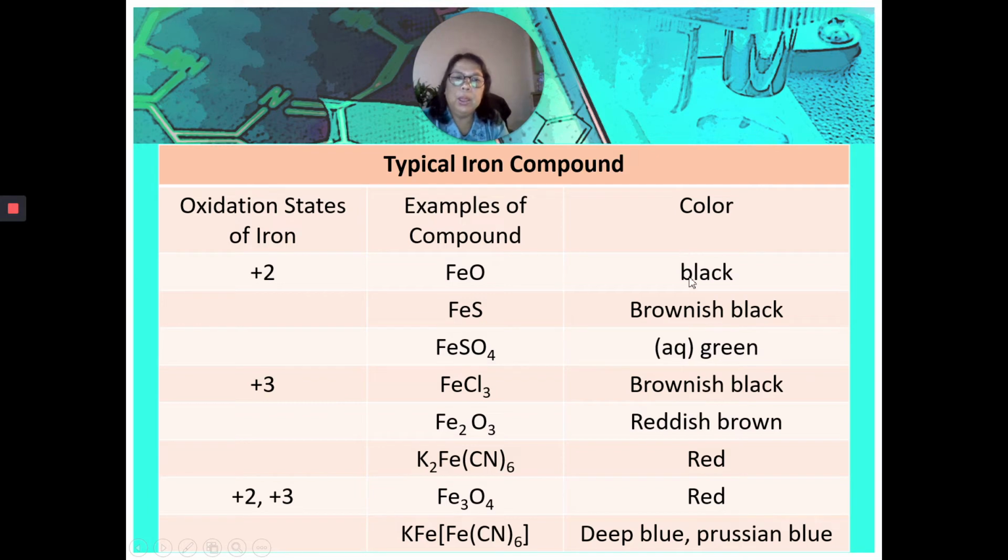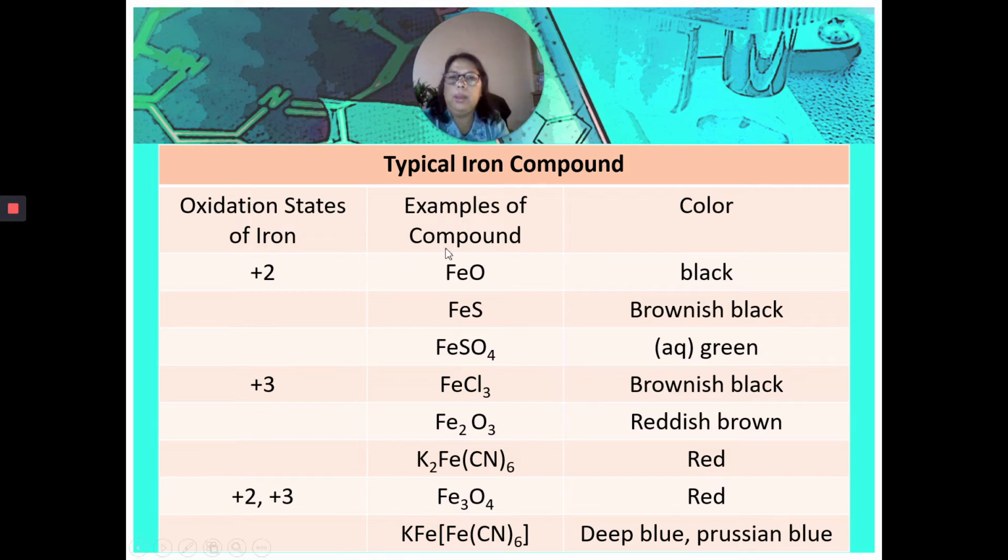Or maybe the black color is present or stated. The compound is also stated, but what you're going to supply is the element and its oxidation number. So you might be given a table and the direction could mean complete the table.